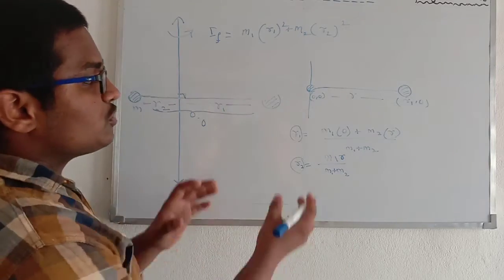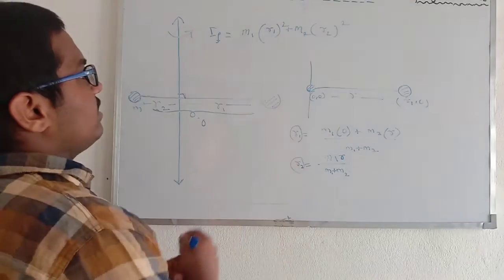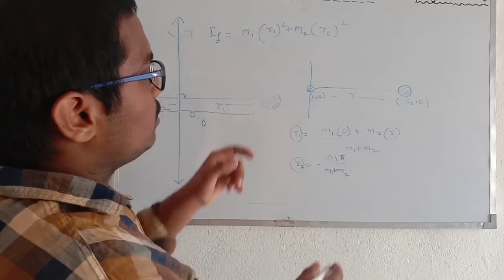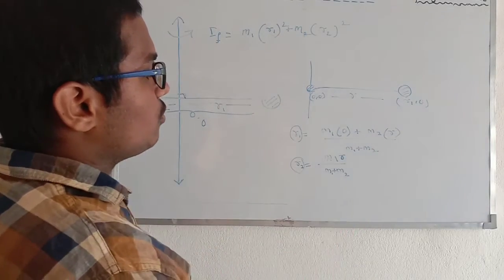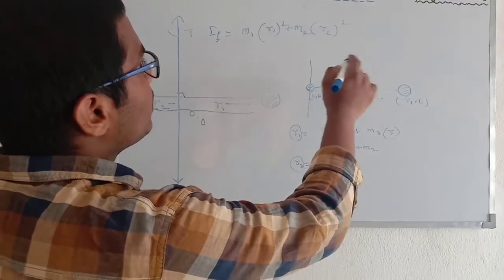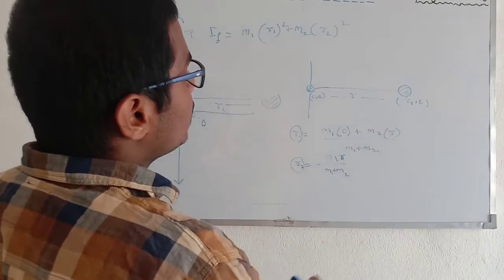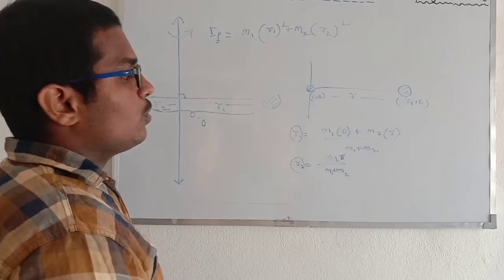In I final, substitute these R1 and R2 values: M1 into M2R by M1 plus M2 whole square plus M2 into M1R by M1 plus M2 whole square.